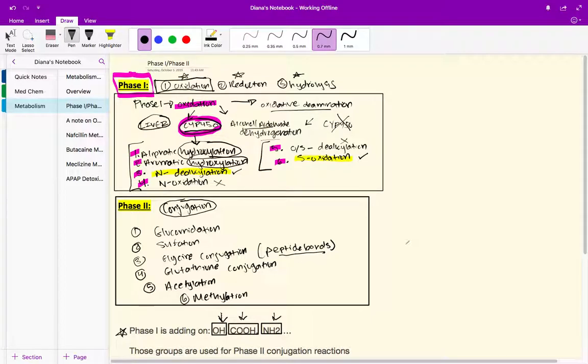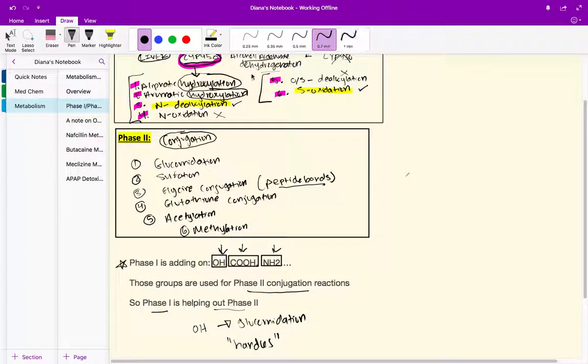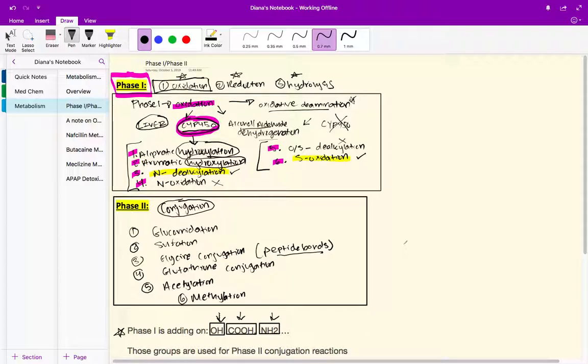And then there's something called oxidative deamination, which you'll learn in a later PBT course if you haven't learned it already. And then phase 2 are all conjugation reactions. That's what they have in common. So there's glucuronidation, sulfation, glycine conjugation, and these ones right here. Again, we'll visit most of these reactions through practice problems.